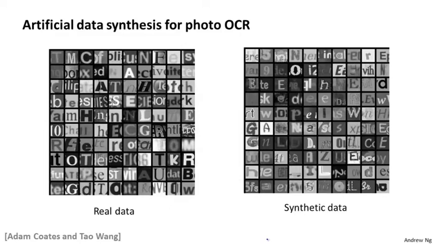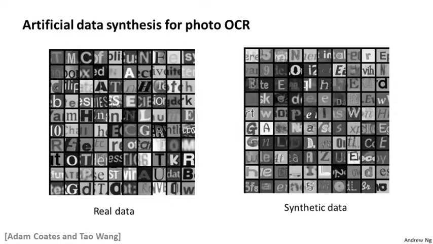So if you use this sort of synthetic data, you have essentially an unlimited supply of labeled data to train a supervised learning algorithm for the character recognition problem. So this is an example of artificial data synthesis where you're basically creating new data from scratch. You're just generating brand new images from scratch.